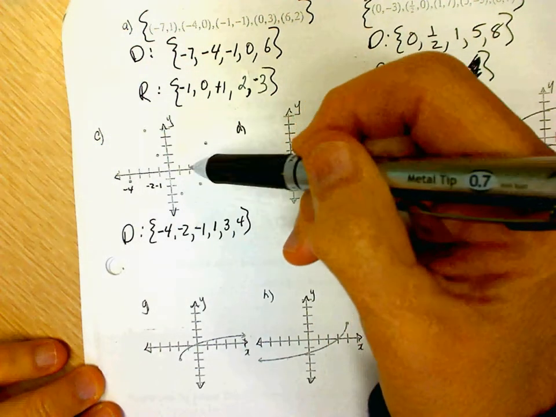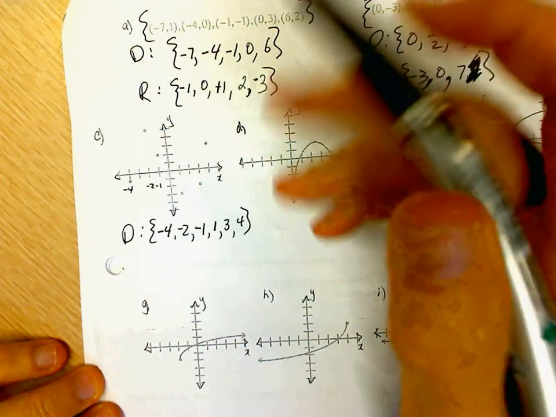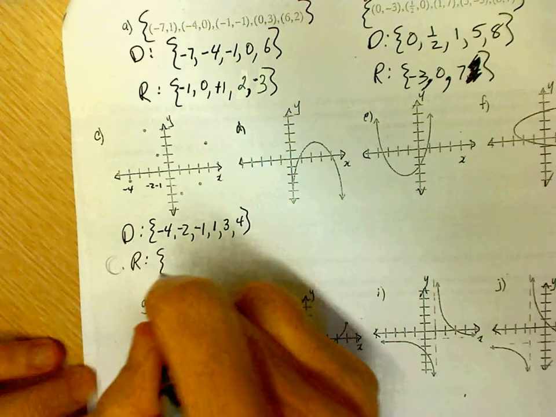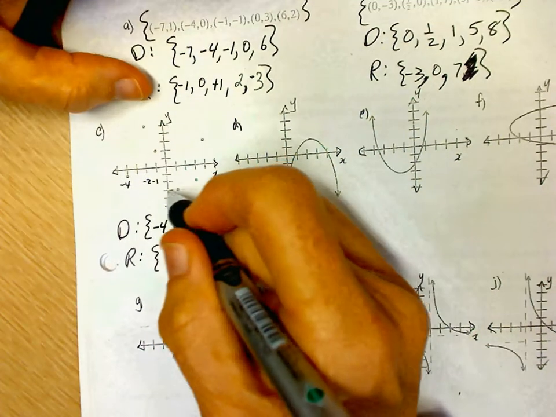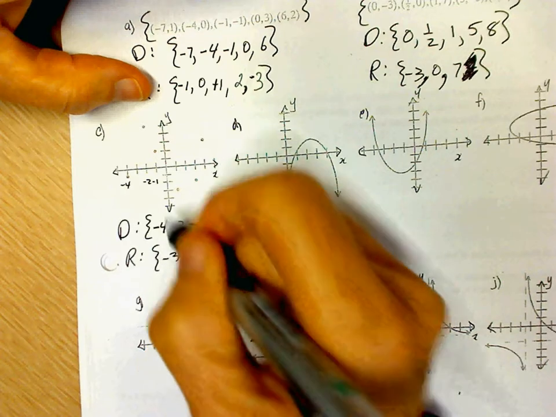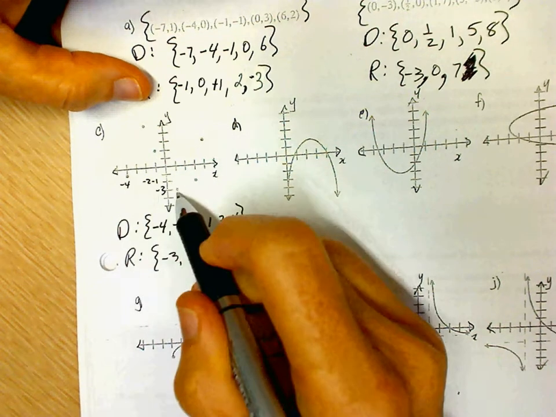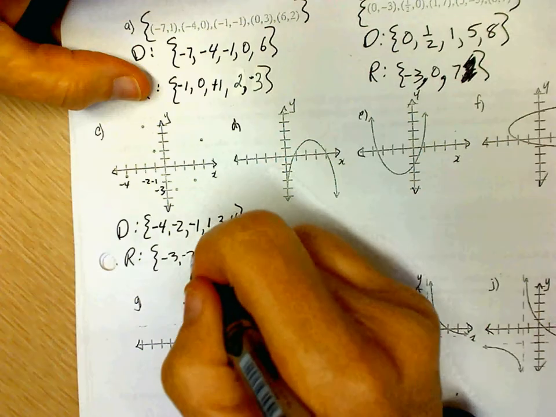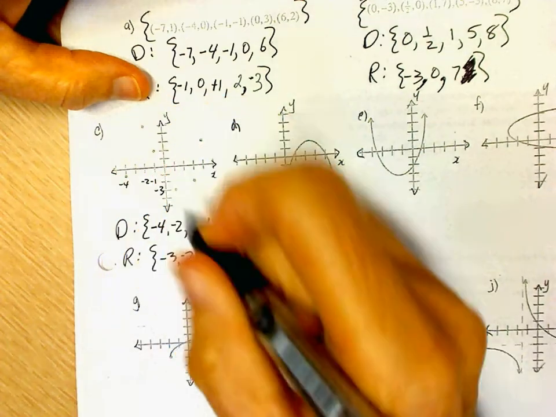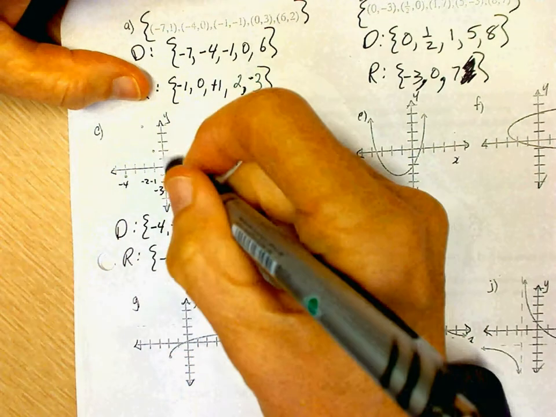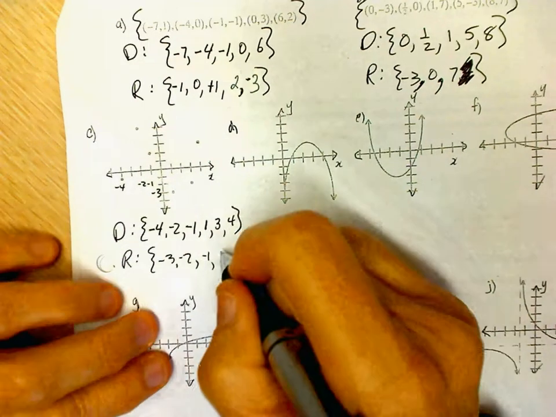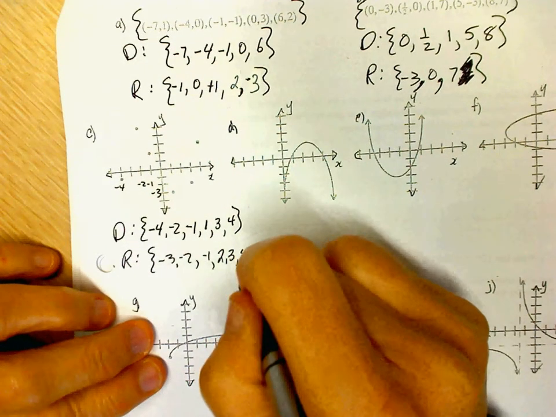And now we're going to read the y values for each dot. So the lowest one is -3, right? This is -3 right there. This one is -2. This one is -1, 2, 3, and 5. Did everybody see how I got those numbers?